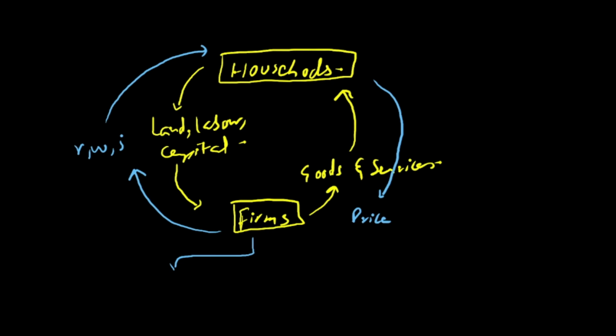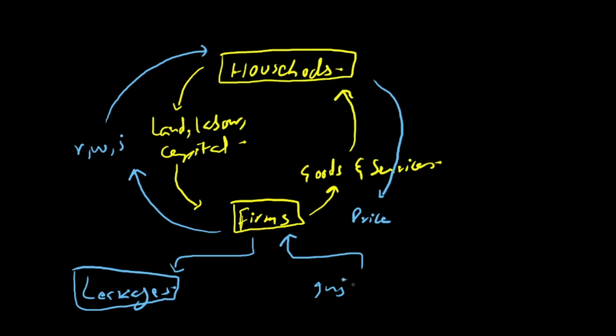Leakages are the ways through which money outflows from this circular flow of income. And what are injections? Injections are the ways through which money flows into this circular flow of income.